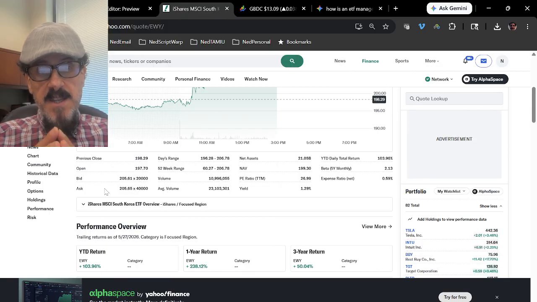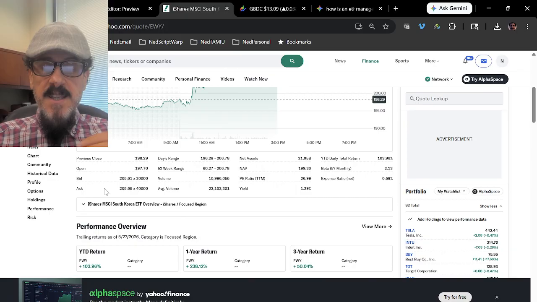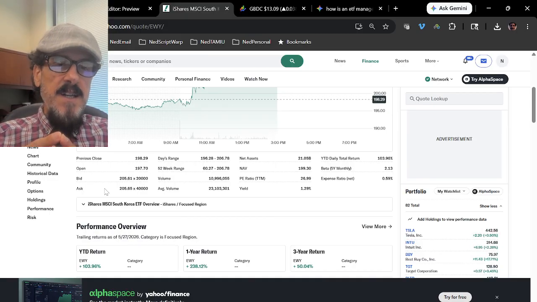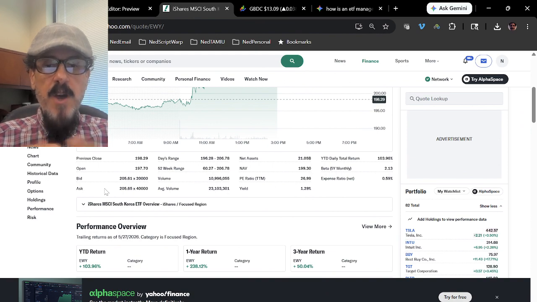This is important for investors to pay attention to, because they may not realize that this spread guarantees they lose money right away if they buy, have second thoughts, and sell a stock right after.